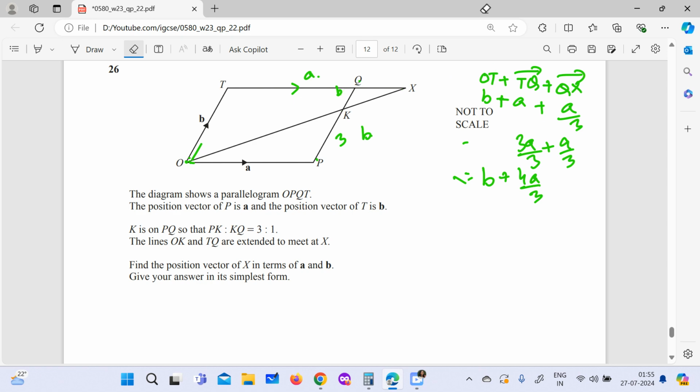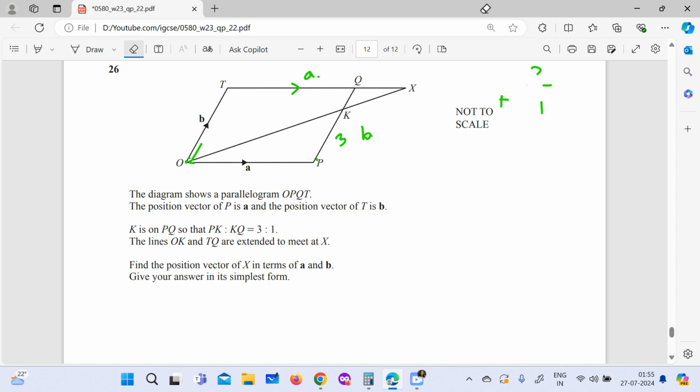One moment. Okay, so let's redo. We can keep as we were doing it already.